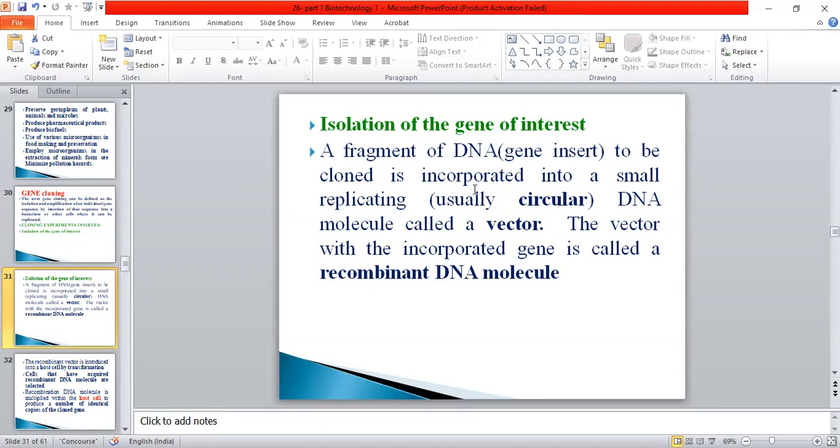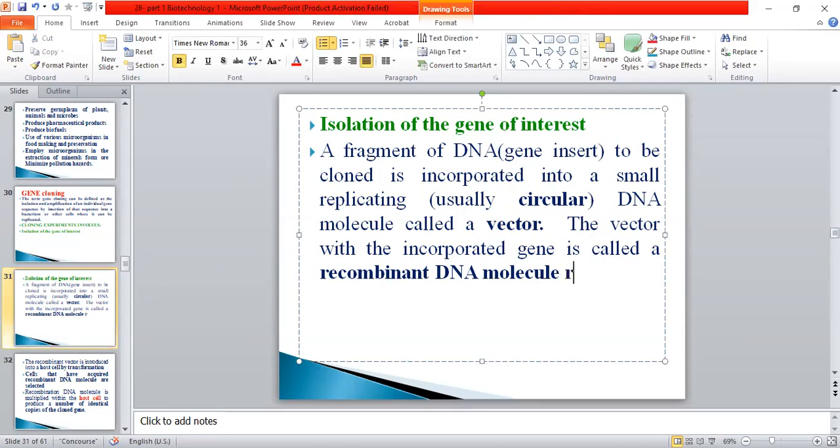The one which is isolated is sample 1, and the one we are going to introduce it into is sample 2. The vector with the incorporated gene is called a recombinant DNA molecule, simply called rDNA, the recombinant DNA molecule.